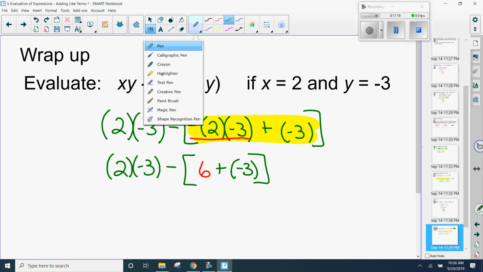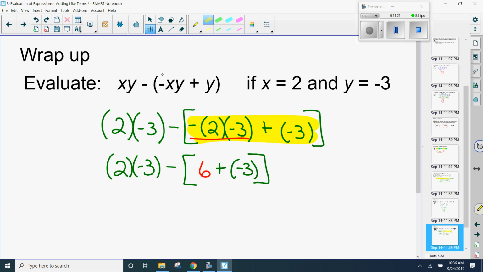So inside the parentheses, I can't change any sign yet with this negative in front. I'm going to work inside the bracket, and inside the bracket, what value are you going to get? 6 plus -3 is just 6 minus 3, which is +3.